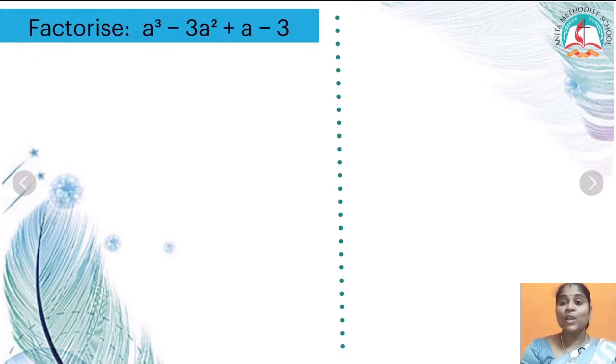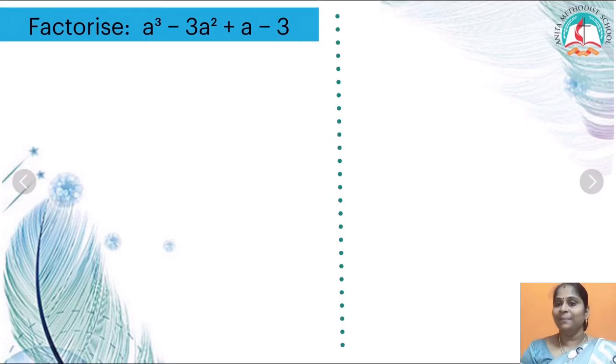Factorize a cube minus 3a square plus a minus 3. Here we have 4 terms. Do we have to group this and find a common factor? Yes. So now I am going to take the first 2 terms alone and the next 2 terms. I am going to make a group of 2 terms. So a cube minus 3a square is one group and a minus 3 is the other group.